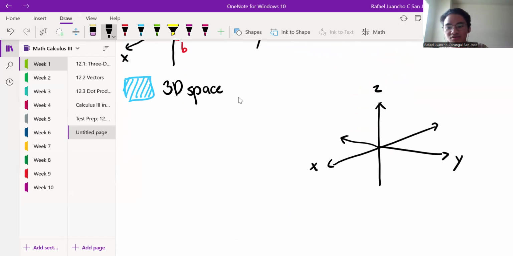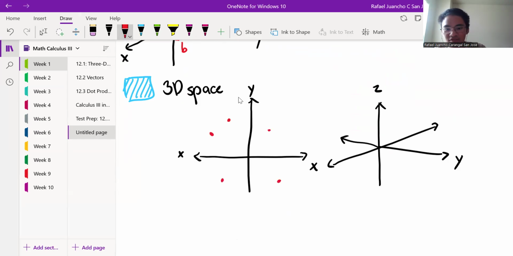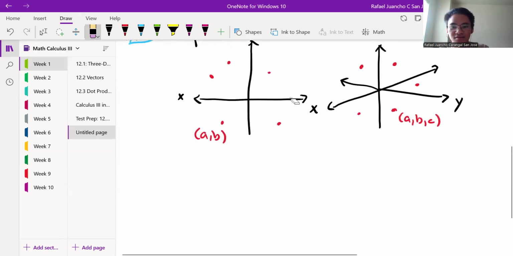So this is a 3D space with Z, X, Y, and similar to a 2D space with Y, X, which has ordered pairs or points, namely one could be A, B. Here it also has points, namely one could be A, B, C, or X, Y, Z. It doesn't matter, just letters.